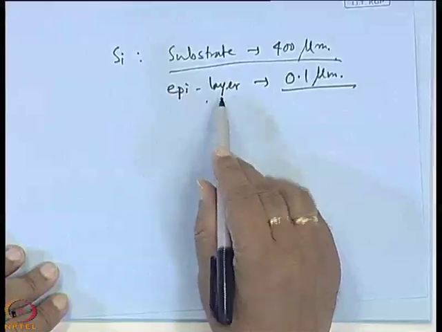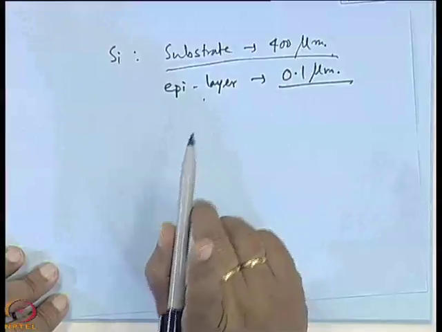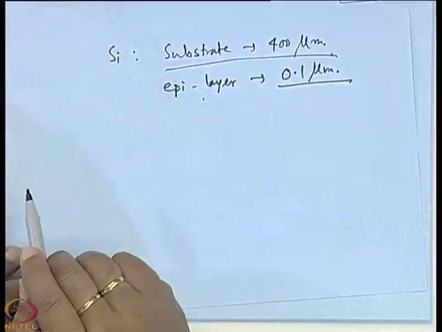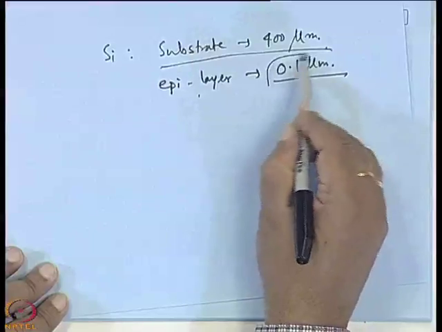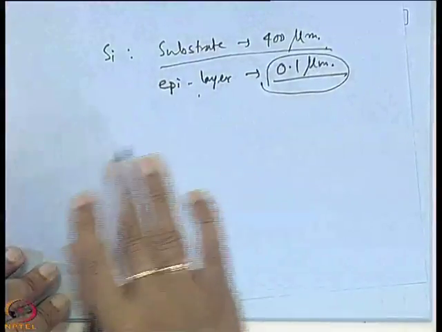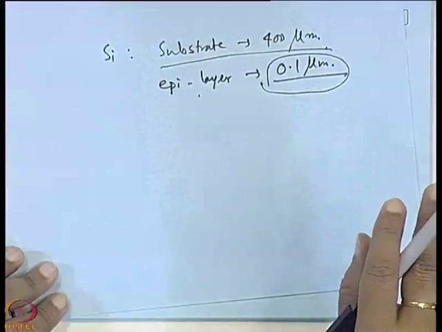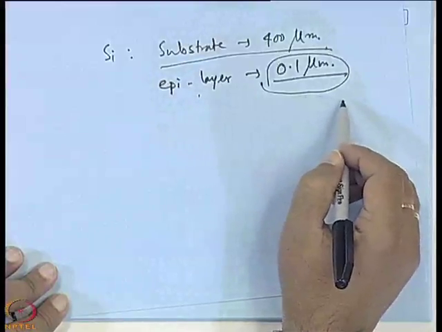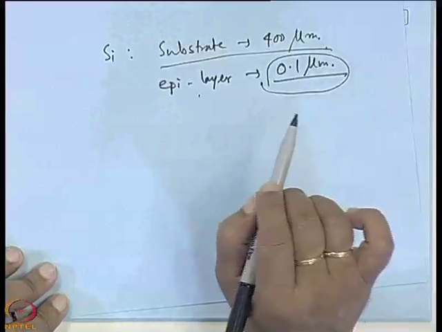For III-V semiconductors, generally we grow the epitaxial layer on a semi-insulating substrate that is available. Semi-insulating means you are growing that 0.1 micron layer on an insulating base. So the contribution of the substrate is not there in the epitaxial layer's electrical resistivity.